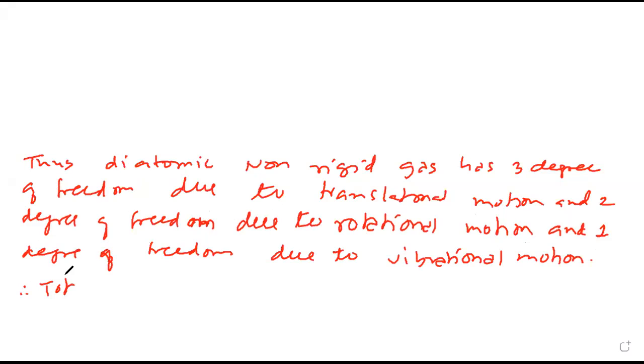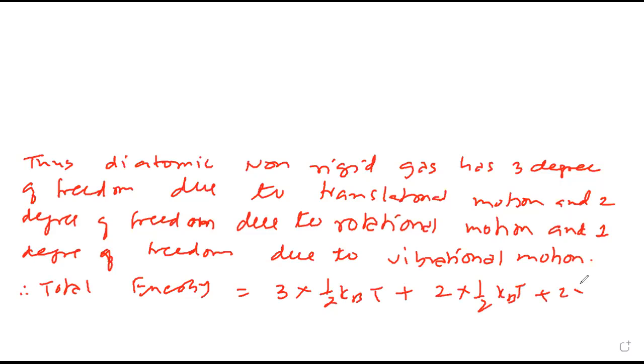Therefore, total energy equals 3 into half kBT plus 2 into half kBT plus 2 into half kBT. Because in vibrational motion, there are two square terms, so 2 into half.